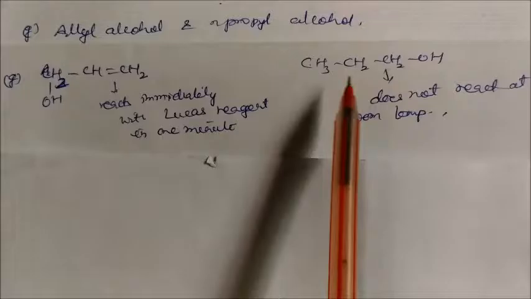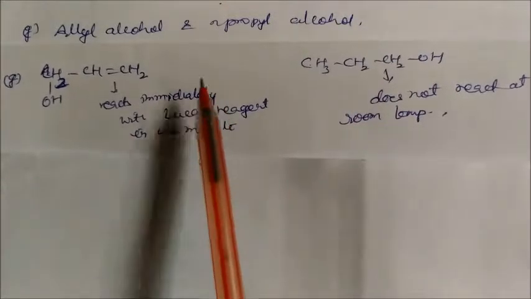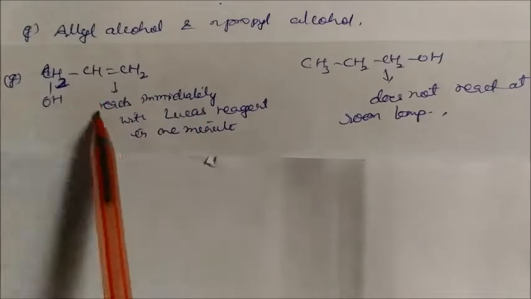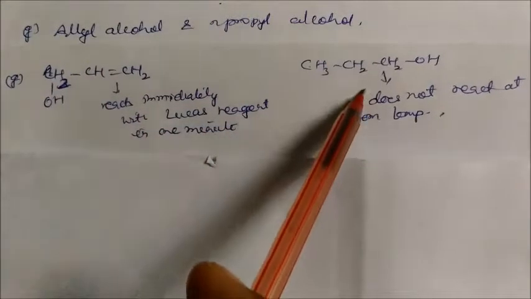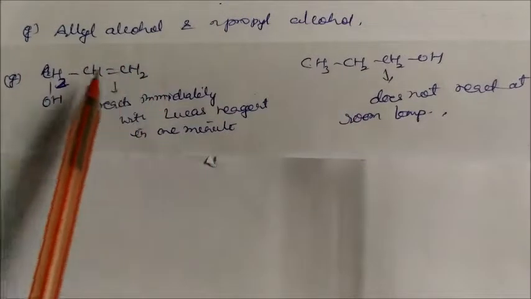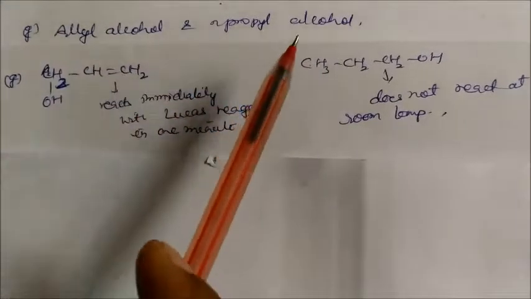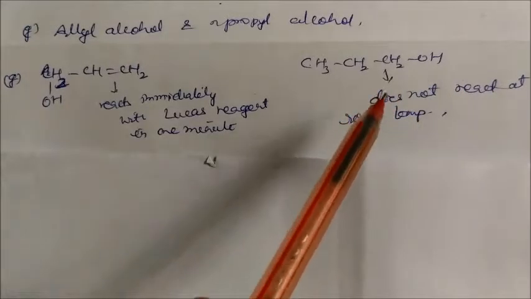So reaction will not occur with propanol, while the reaction will occur in 1 minute with allyl alcohol. It will take some time, but it reacts faster than propanol. Though they are both primary alcohols, this is how to distinguish between allyl alcohol and propyl alcohol. Allyl alcohol will take 1 minute, while propanol will take much more time or not react at room temperature immediately.